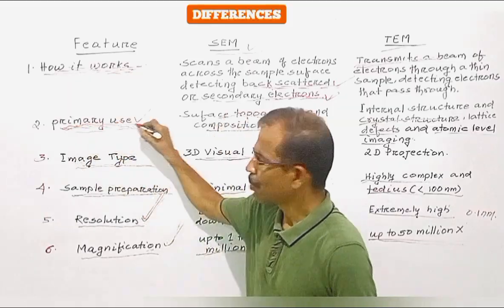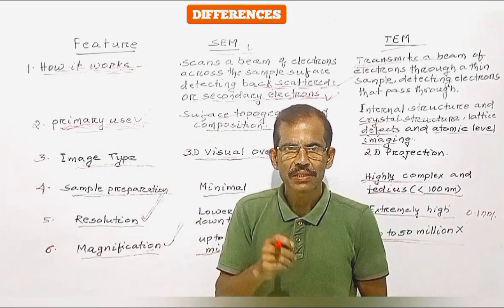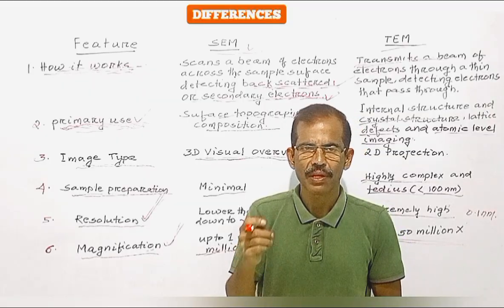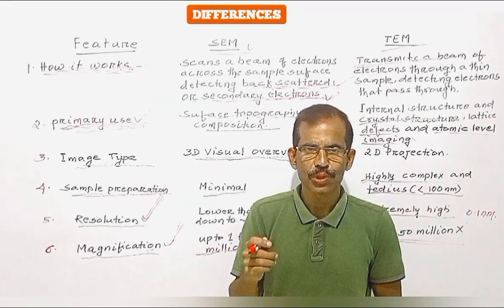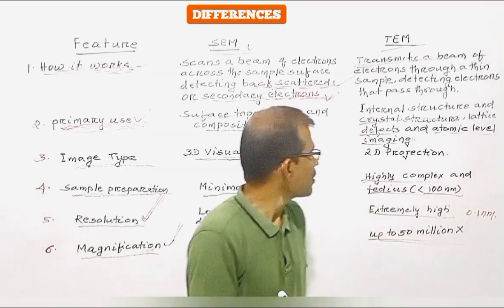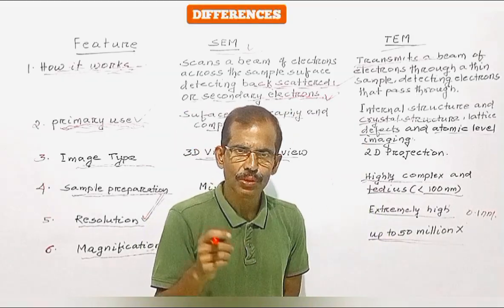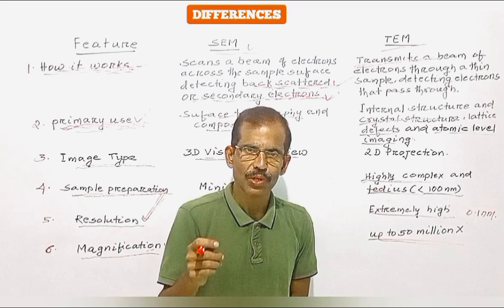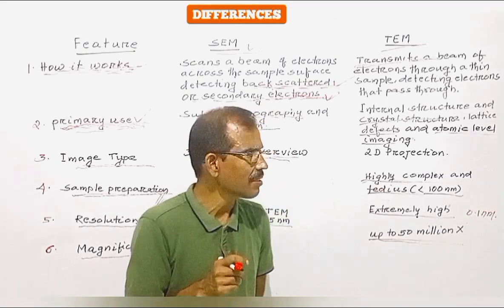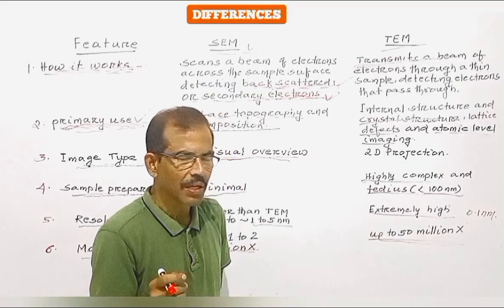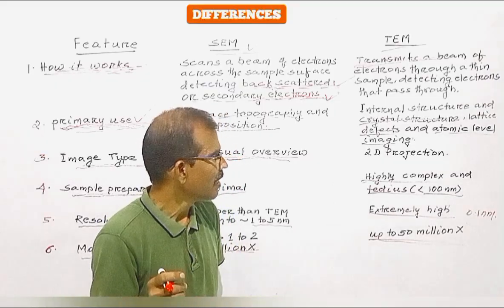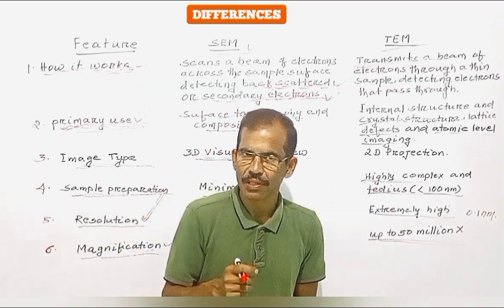Number two, primary use. SEM is used to study the surface topography and chemical composition of different types of samples. By contrast, TEM is used to study the internal structure of different types of biological samples and also to study crystal structure, lattice defects and atomic level imaging.